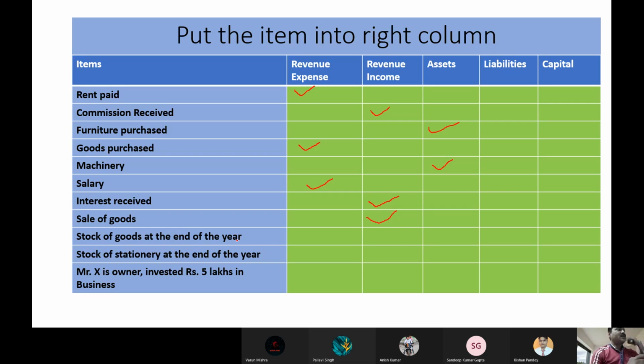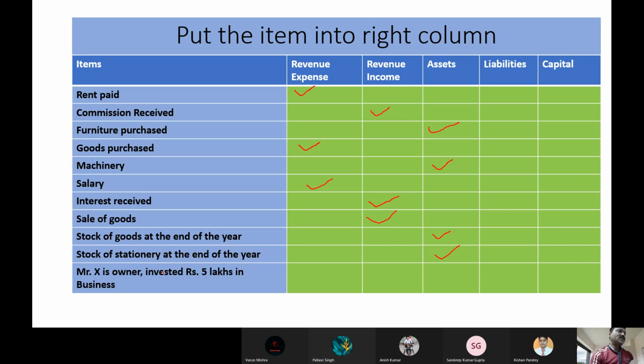Okay. Stock of goods at the end of the year. Whatever goods lie in hand unsold is called assets. The stock of anything will be called assets. Stock of goods and stock of stationery at the end of the year will also be called assets. Now the last one says Mr. X, the owner, invested rupees 5 lakh in business.